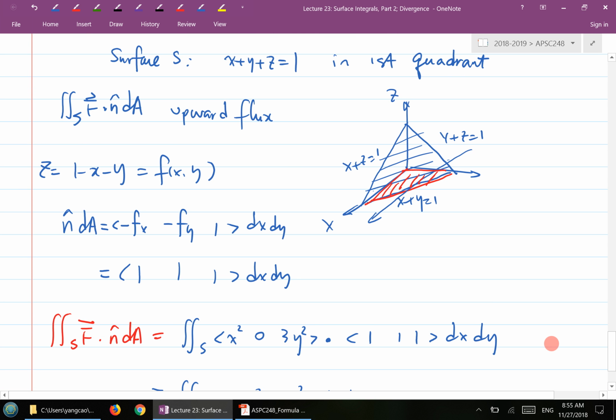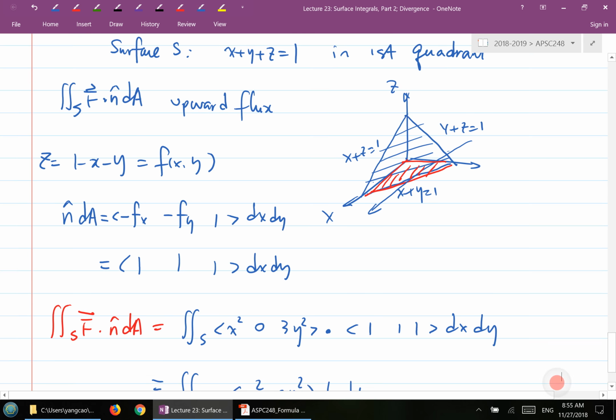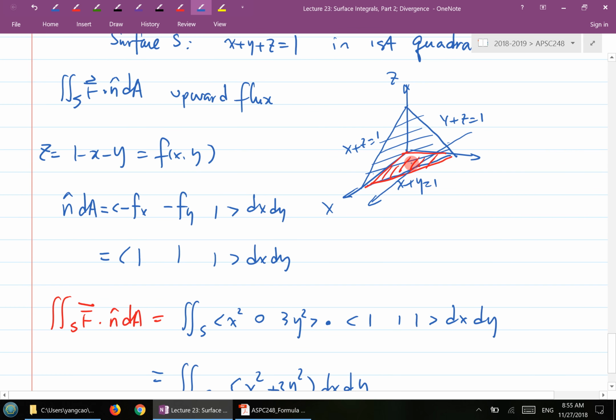Before we move on to a different topic, just to re-emphasize surface integral: in this case we're just calculating the surface integral over just one piece of the surface here. But in many other cases, you may be asked, for example, this one. If I consider a closed surface which has how many sides? 1, 2, 3, 4.